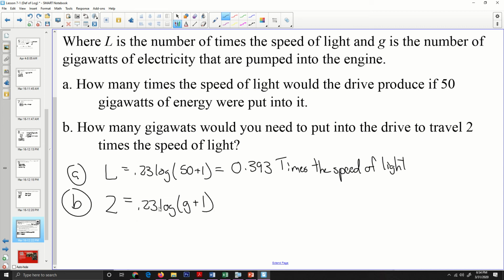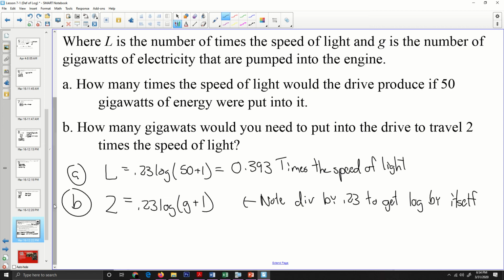All right. So I can't do anything with the definition of logarithm as long as I don't have a coefficient of 1 in front of the logarithm. So note, divide by 0.23 to get log by itself.